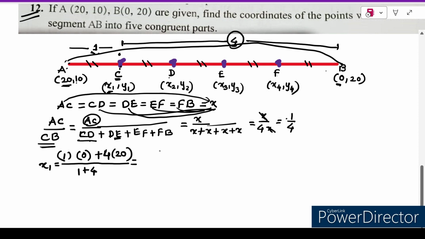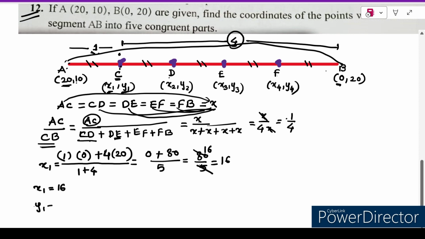That is 1 into 0 plus 4 into 20, which is 80, divided by 5, and 80 divided by 5 is 16. Therefore we get x equals 16.